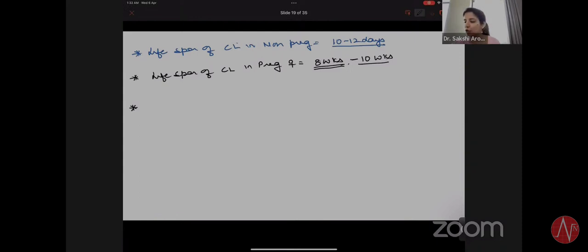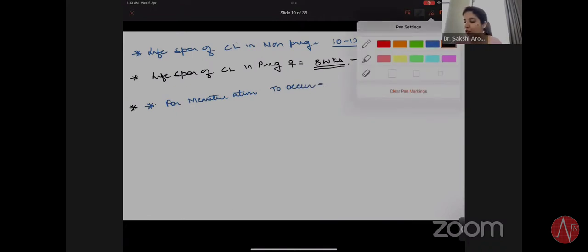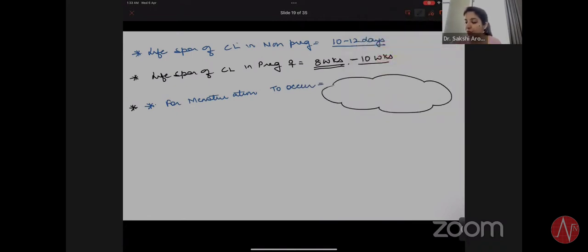So now I want you to write a few important points. First important point is, for menstruation to occur, what is needed? Which hormone is needed? Progesterone is needed.